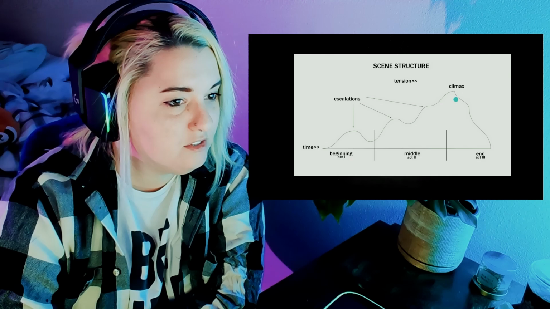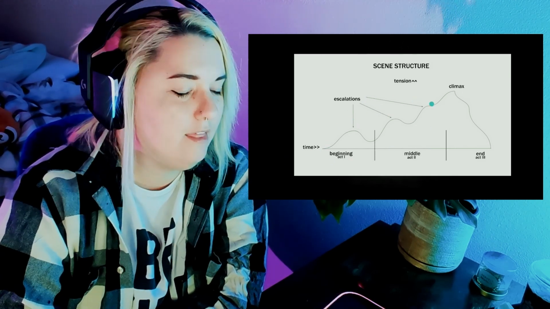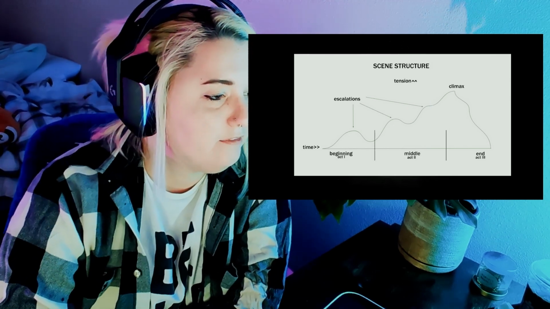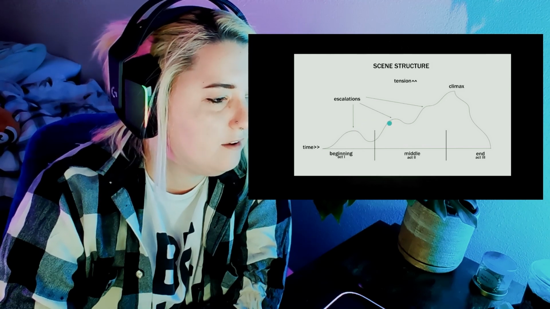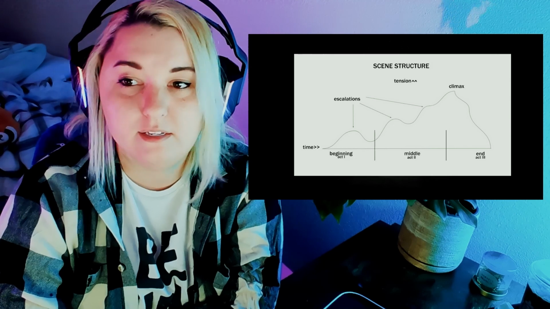However, until we get to that point throughout the scene, there are going to be these little escalations that chip away at the narrative and give us little pieces of information that will build tension and keep us as an audience engaged.